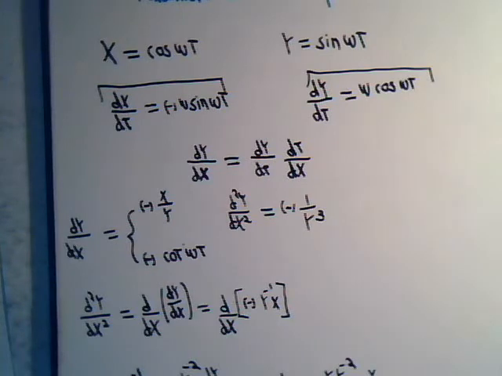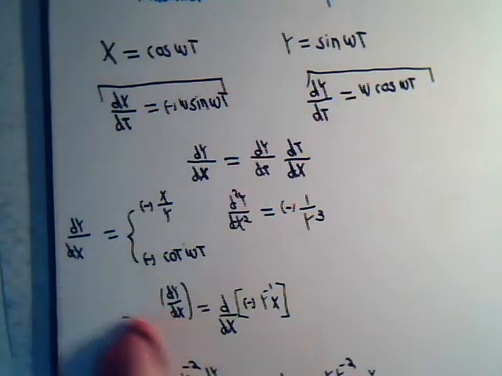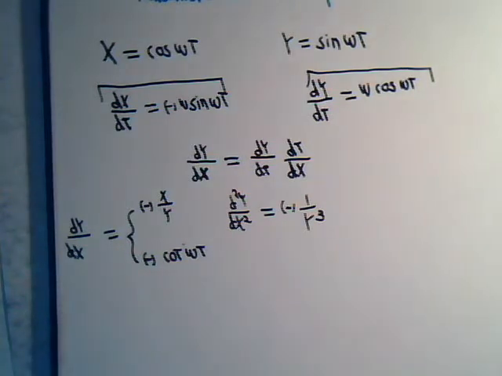Okay. Now, suppose that for some reason we had dy dx like this, and we did not want to use this to determine d squared y dx squared.